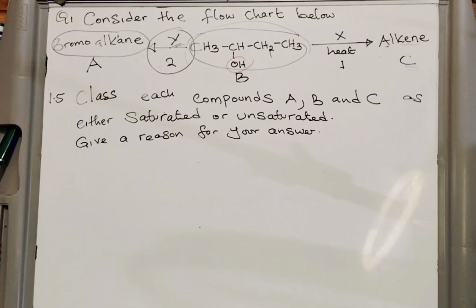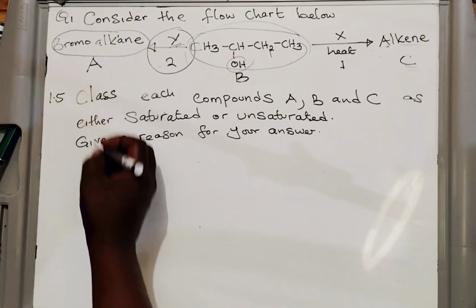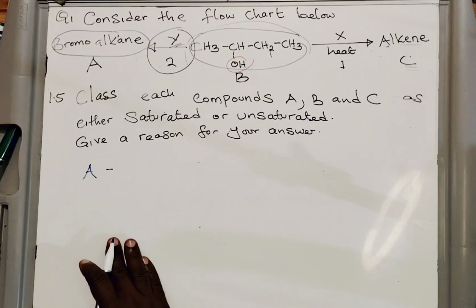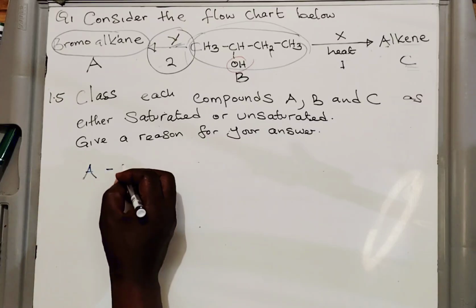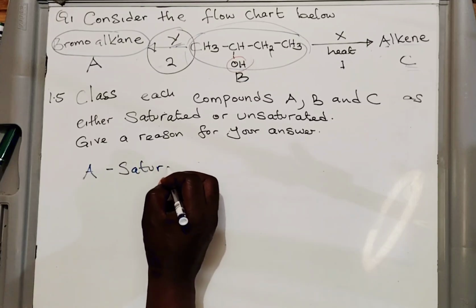Then comes this question. It says, classify each compounds A, B, and C as either saturated or unsaturated. Give a reason for your answer. Okay, let's look at the compound. Let's start from A. A is a bromoalkane, and we say it is saturated.